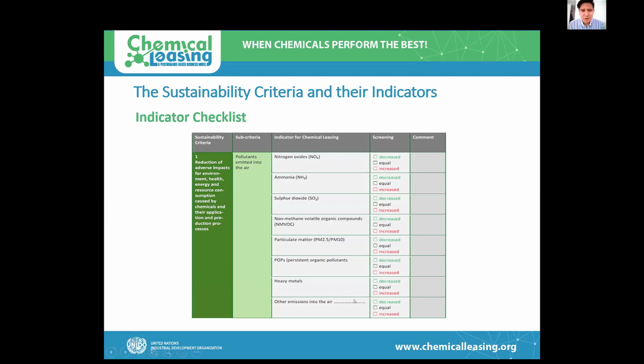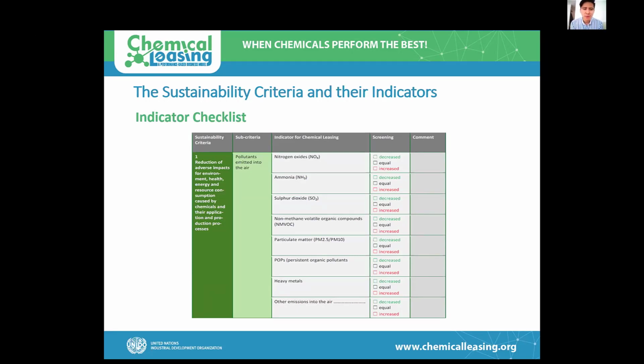Thank you very much, Reinhard. Yes, I will continue with the part of the indicator checklist. Now, as Reinhard explained, these criteria were developed to showcase the sustainability of the business model and how it impacts positively all the aspects: environment, economy of a company, hazard, and also continuous improvement.